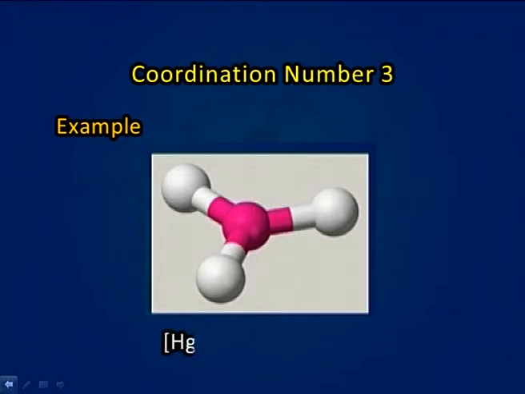Some examples are HgI3-, Pt(PPh3)3. Here PPh3 is the ligand named triphenylphosphine. You can see the ligand metal ligand bond angle in this structure is equal to 120 degrees.